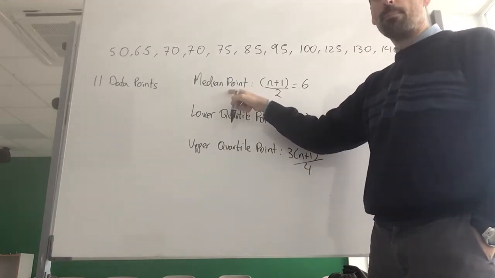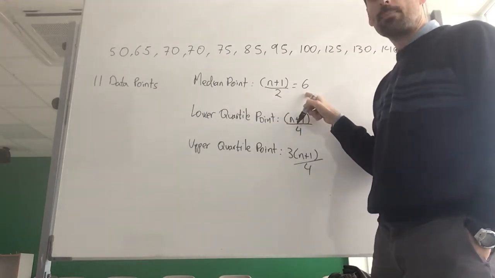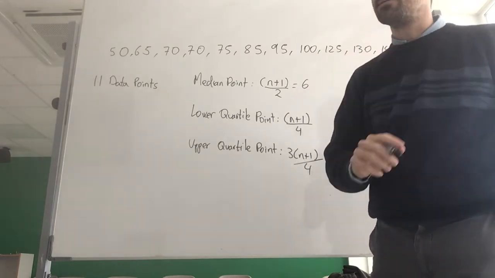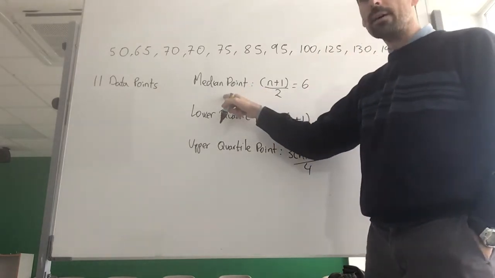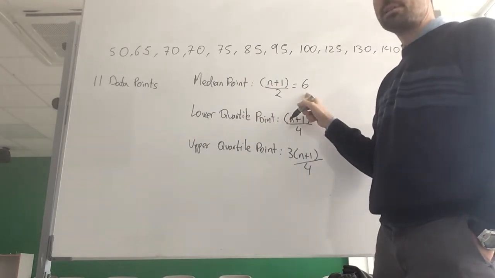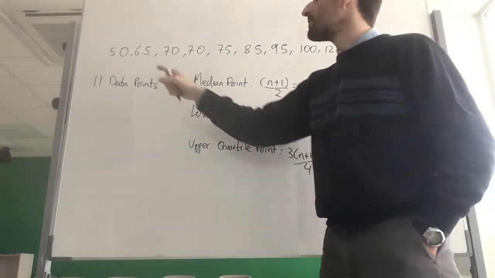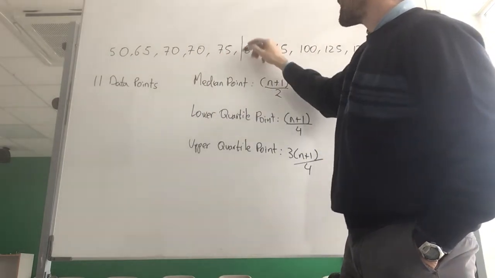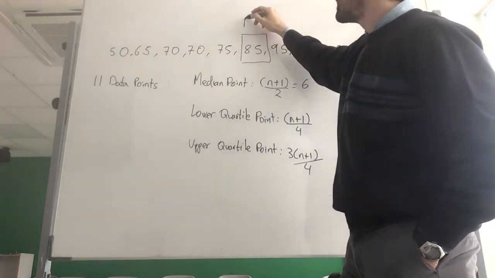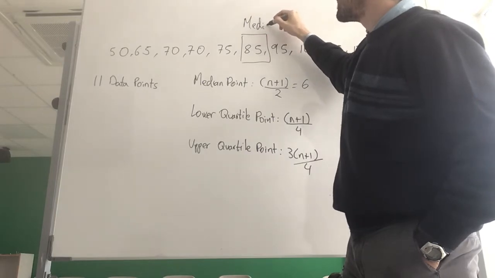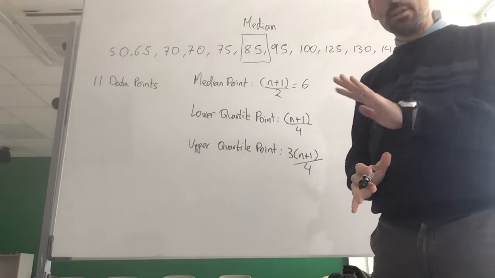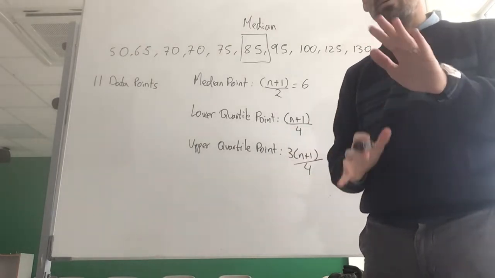So the median point is data point number 6. It doesn't mean that the median is 6, it means that the median is data point number 6. So I'm just going to count 1, 2, 3, 4, 5, 6. That there is the median.